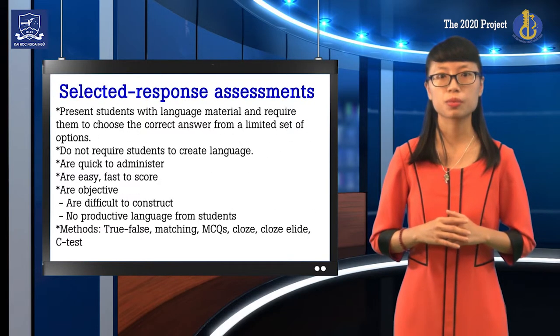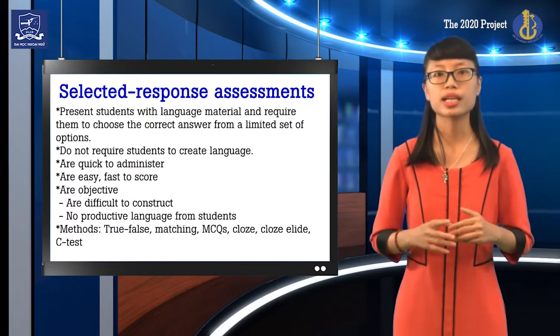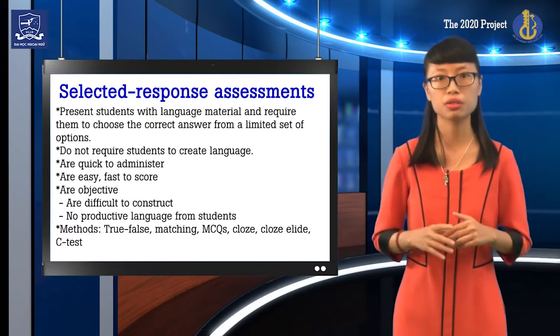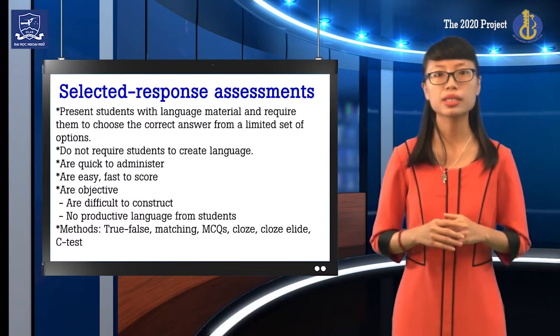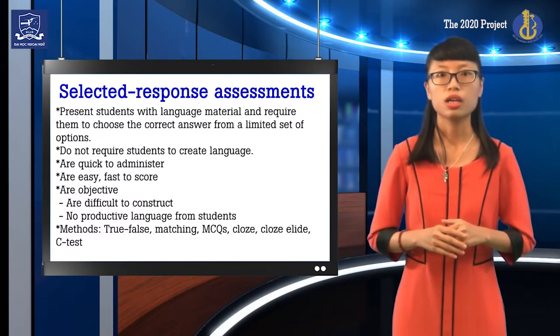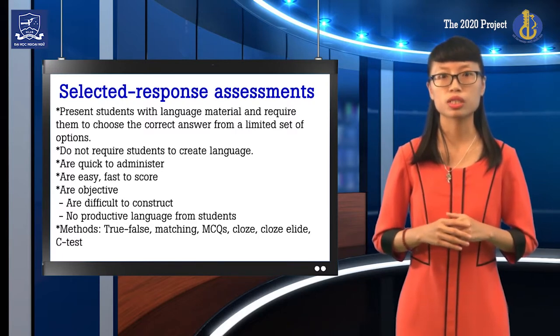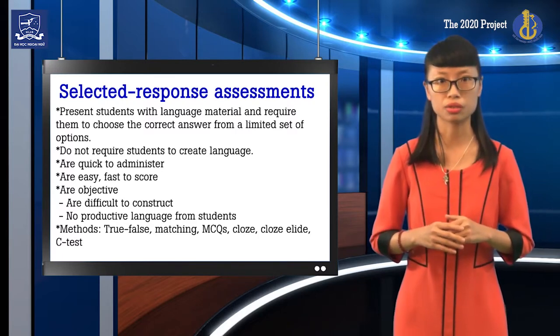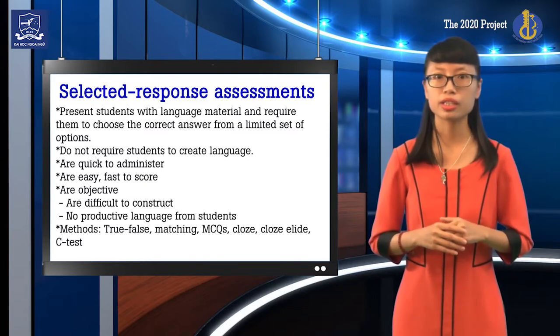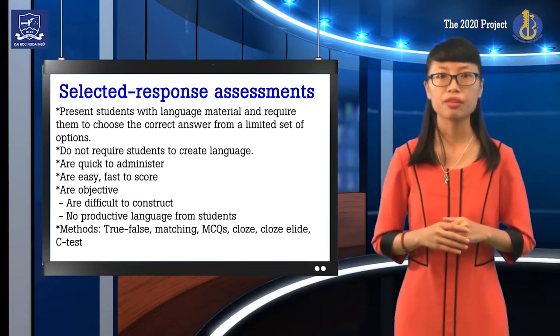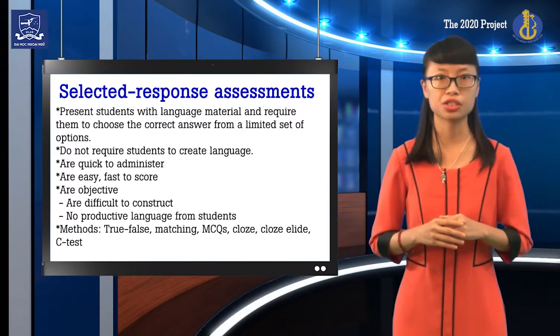Regarding selected response assessments, they present students with language materials and require them to choose the correct answer from a limited set of options. In general, selected response assessments are quick to administer. Scoring them is fast, easy, and relatively objective. However, they have two disadvantages.